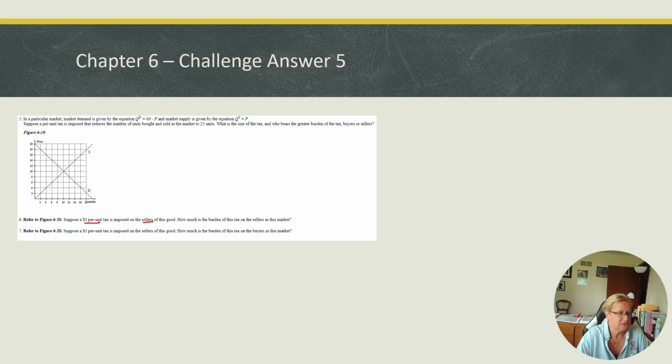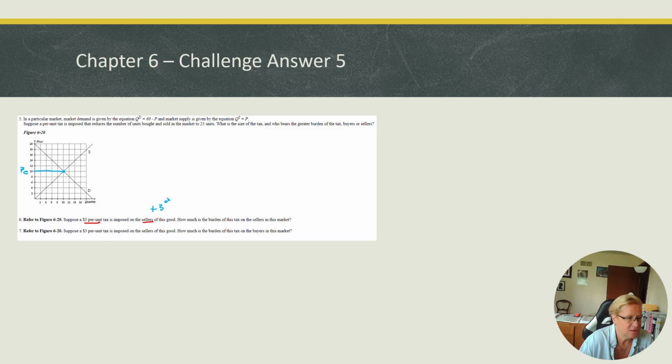All right. Suppose a 3-unit tax is imposed on sellers. So here is our equilibrium. And I'm going to actually use the long way because I think it'll make more sense to you. When the tax is imposed on the sellers, we're going to add $3 to price equilibrium.